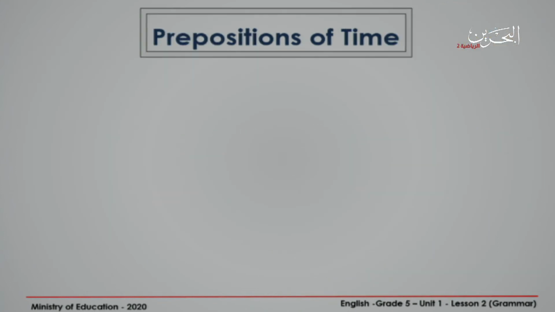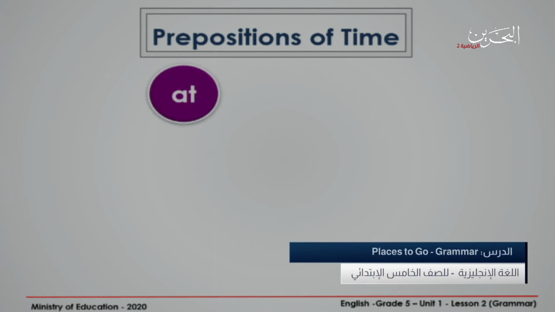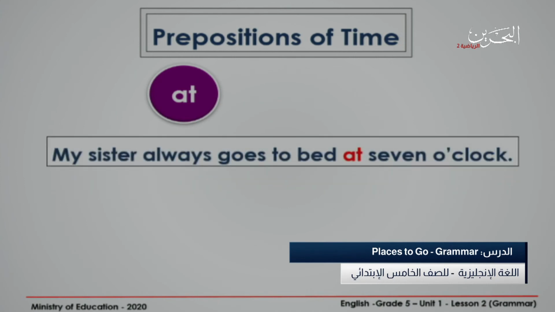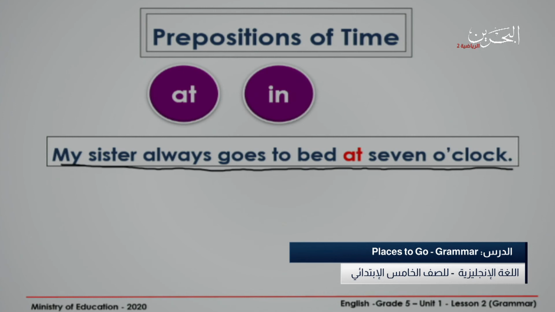Now we will learn about prepositions of time. The first one is at. Let's look at an example. My sister always goes to bed at 7 o'clock. In.